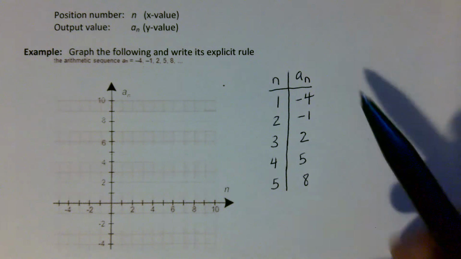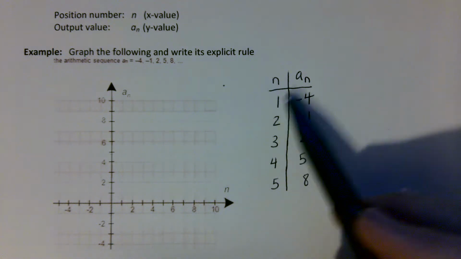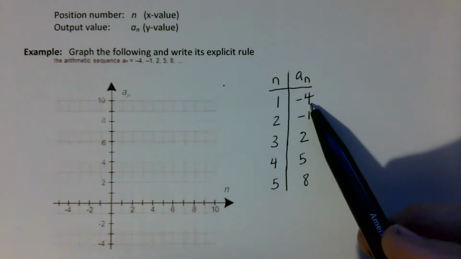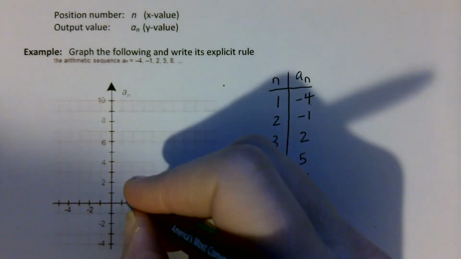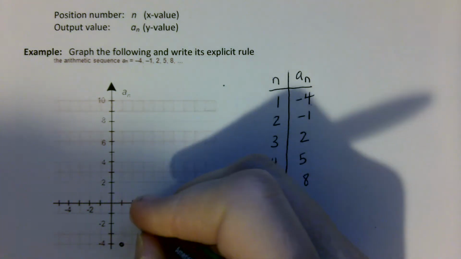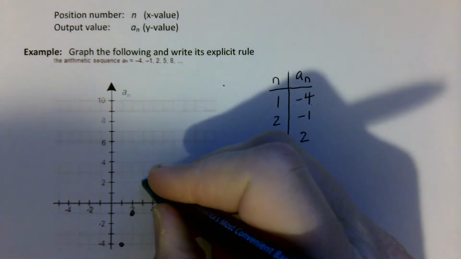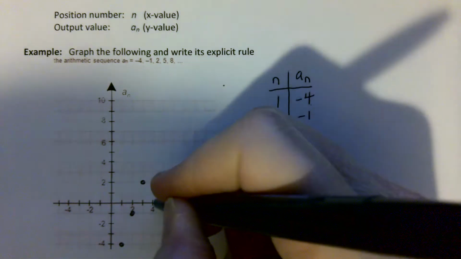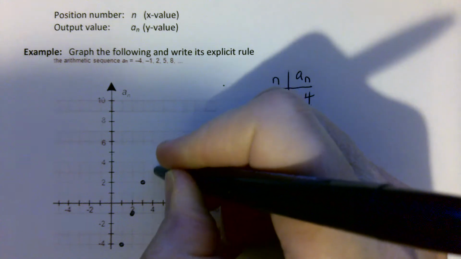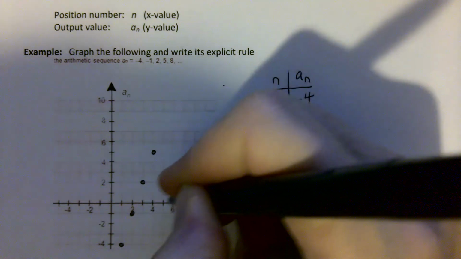And I graph it simply like this with my ordered pairs. Remember, our n is our x value and our a sub n is our y value. So I have (1, -4), (2, -1), (3, 2), (4, 5), and (5, 8).